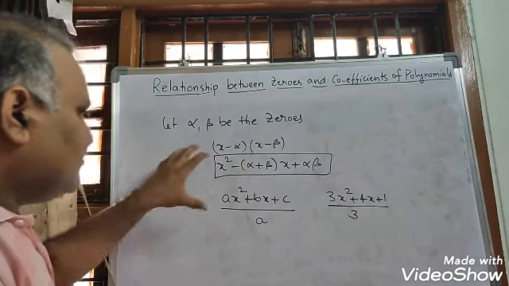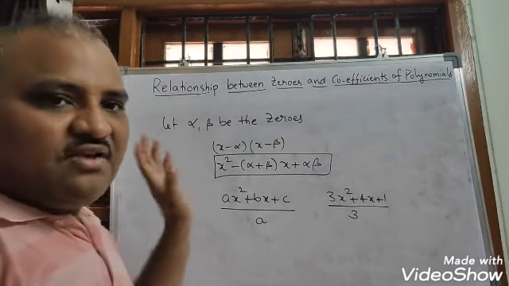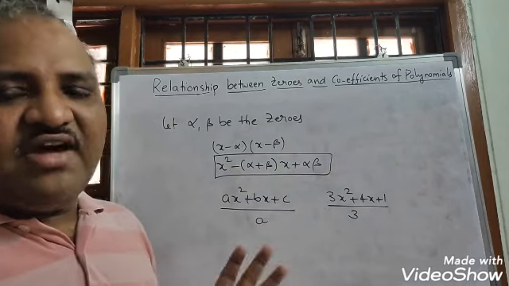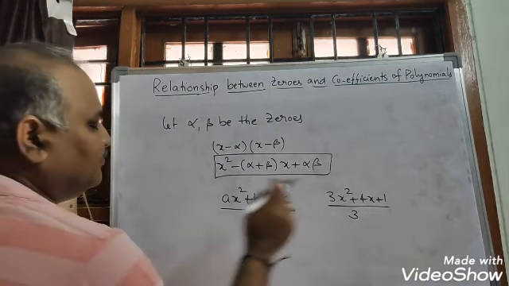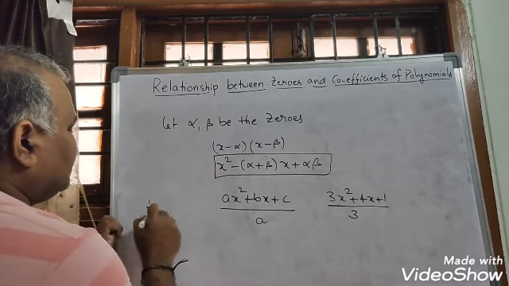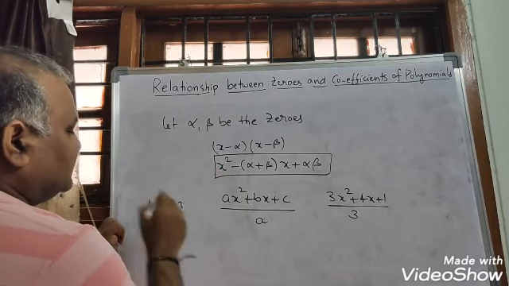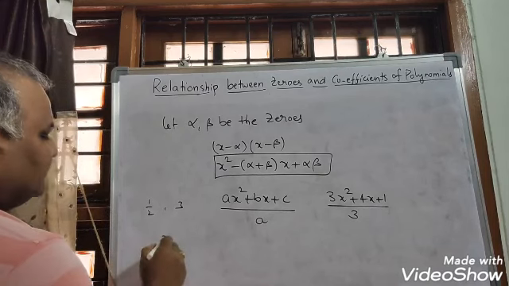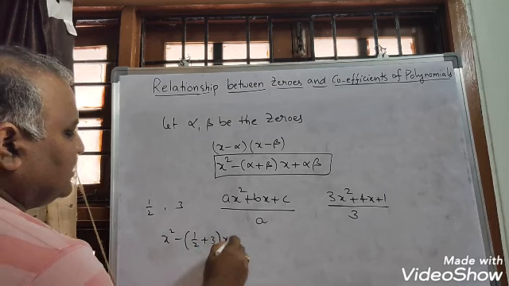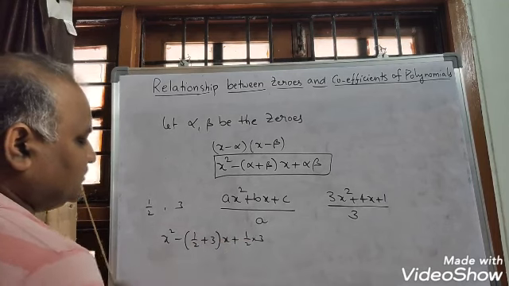Even if we have fractions for alpha, beta, we can get the value in the form of a monic polynomial also. For example, suppose alpha is 1 by 2, beta is 3. Then x square minus of 1 by 2 plus 3 into x plus 1 by 2 into 3.